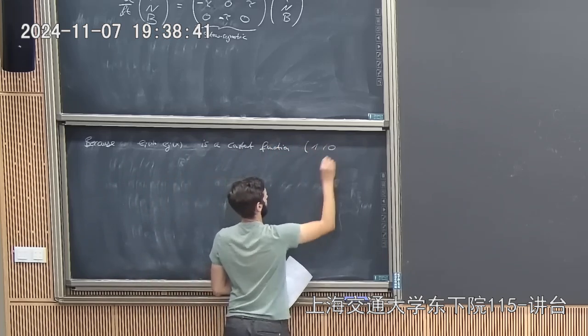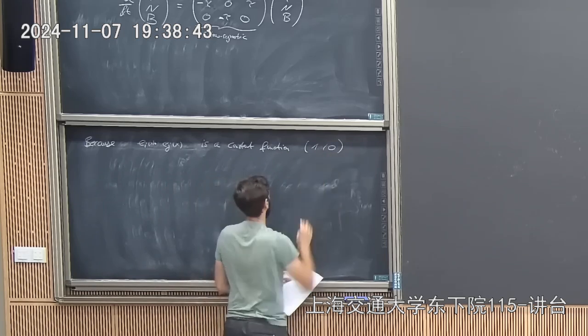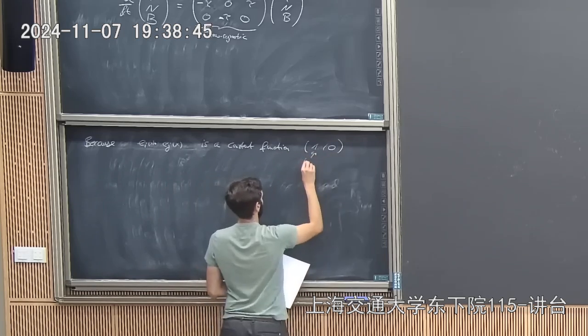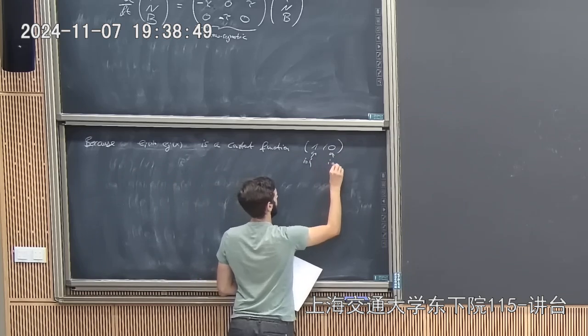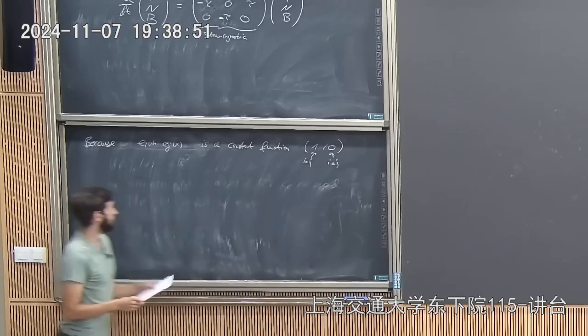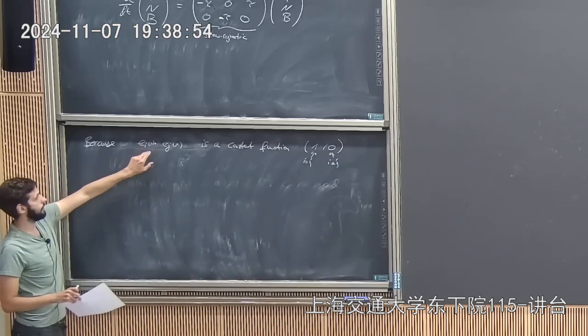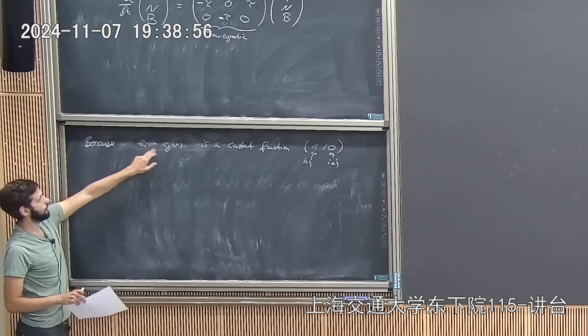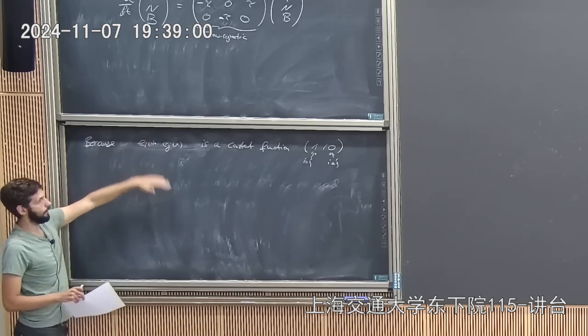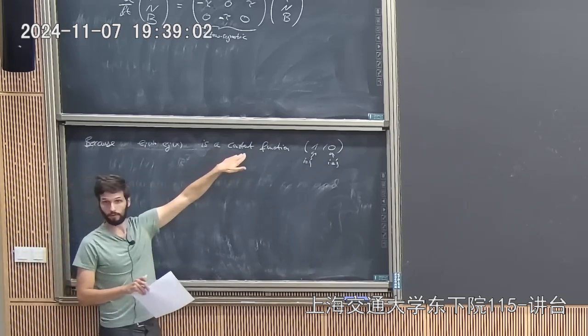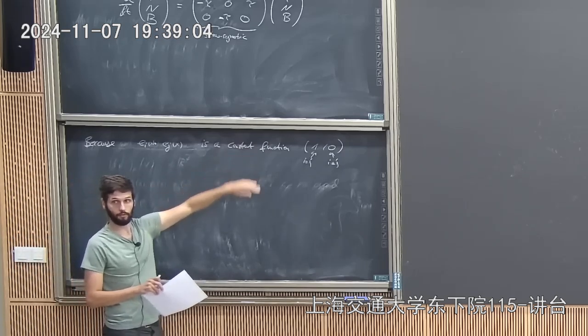It's 0 or 1: 1 if i and j are the same, and 0 if they're not the same, because e_i(x) is an orthonormal basis. So this one is either 0 or 1, but in any case it's constant. It doesn't depend on x.